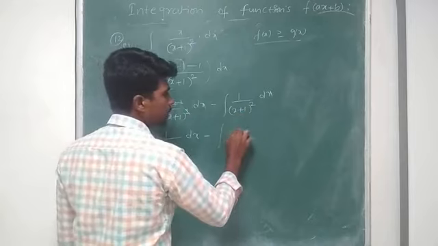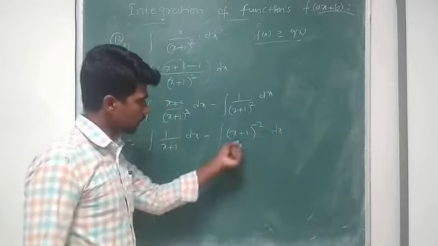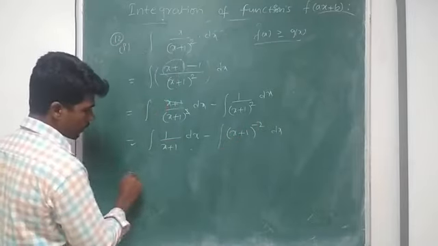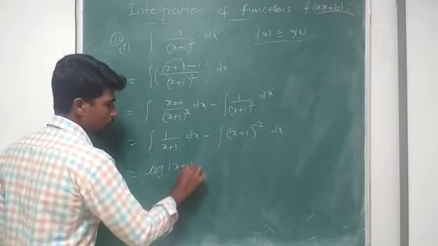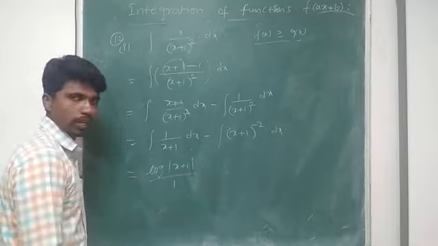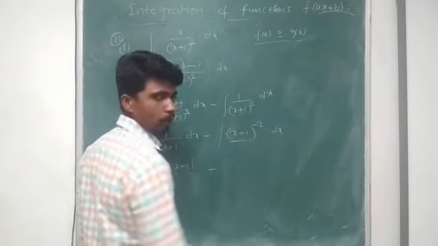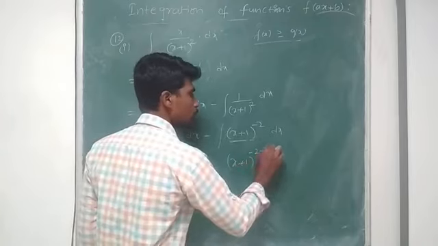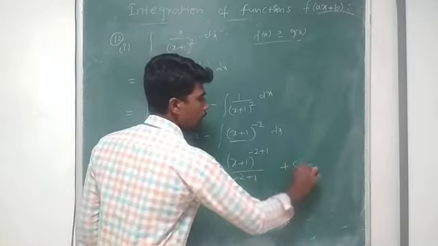I can write it as x plus 1 to the power of minus 2 dx, which is nothing but ax plus b to the power of n. Now 1 by x plus 1, its integration is logarithm of mod x plus 1 by coefficient of x, which is 1, so I get 1 only, minus x plus 1 whole power minus 2 plus 1 by minus 2 plus 1, plus a constant.